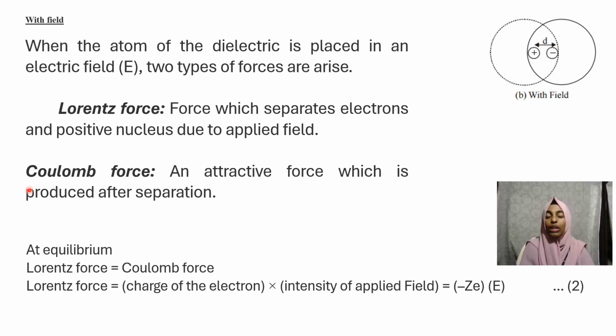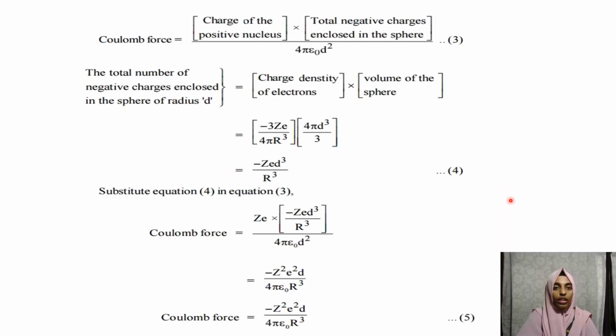The Lorentz force is equal to the charge of the electron times the intensity of the applied field. The charge of the electron is minus Ze and the intensity of the applied field is E. Then the Coulomb force is equal to the charge of the positive nucleus times the total negative charge enclosed in a sphere, divided by 4 pi epsilon naught d square.